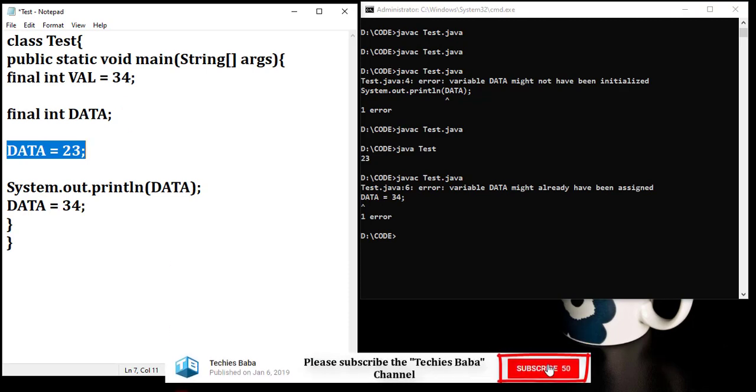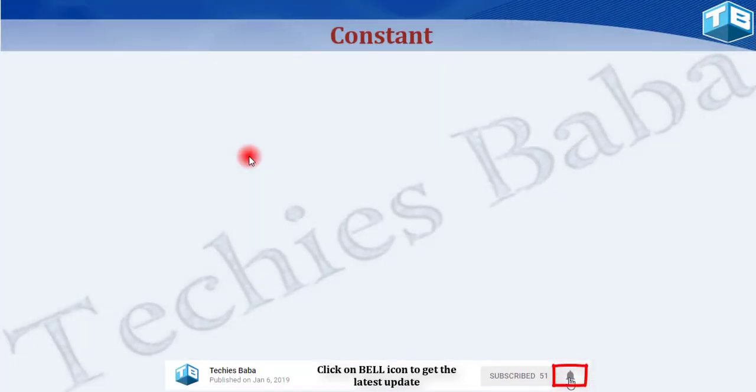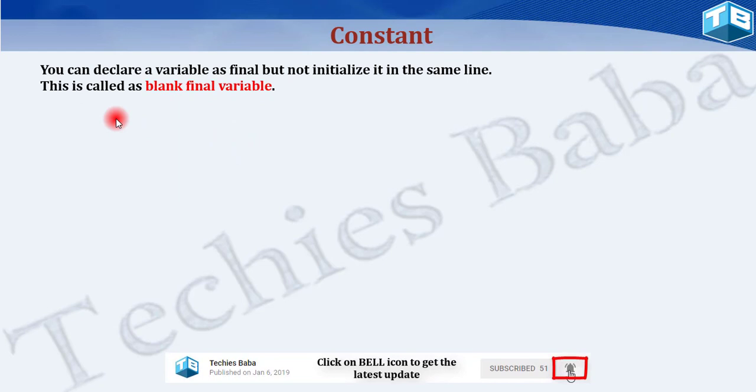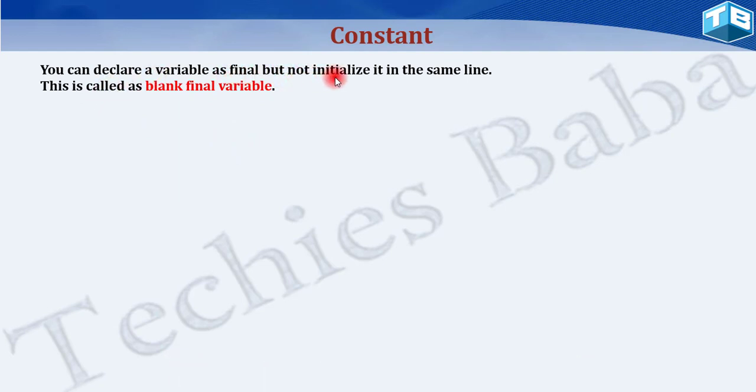Now this kind of variable is called a blank final variable. You can declare a variable as final but not initialize it in the same line. This is called a blank final variable. And a blank final variable must be initialized before using it.